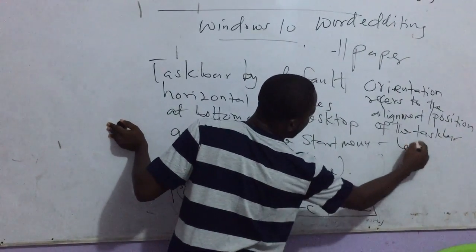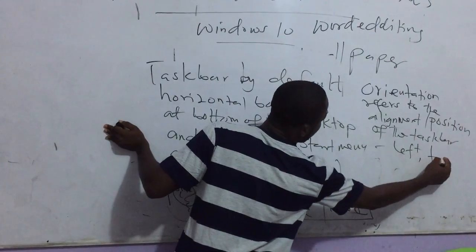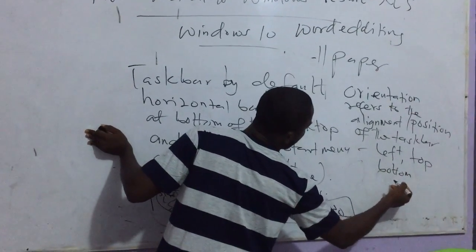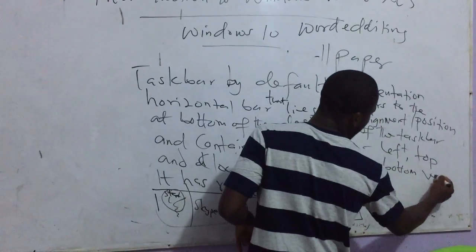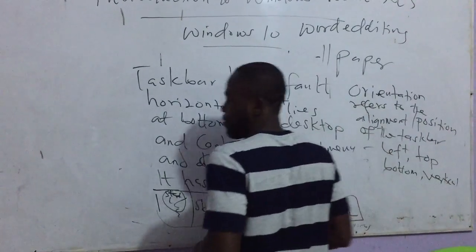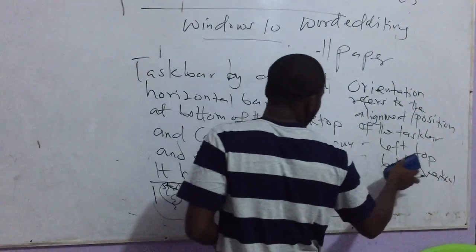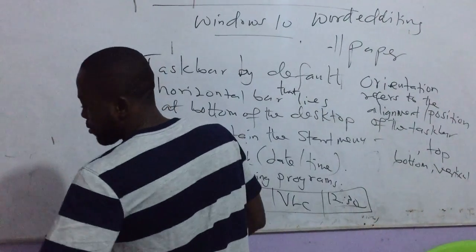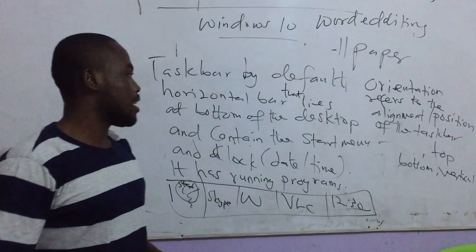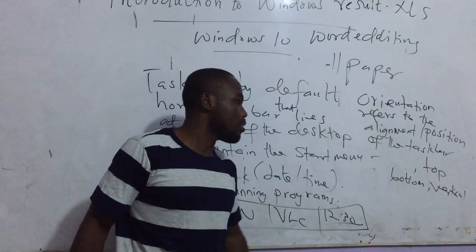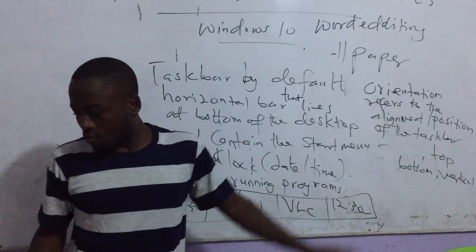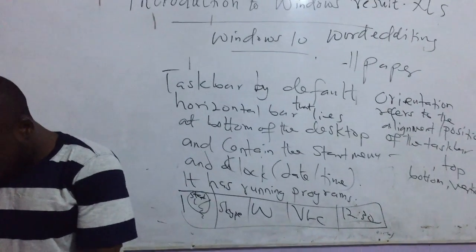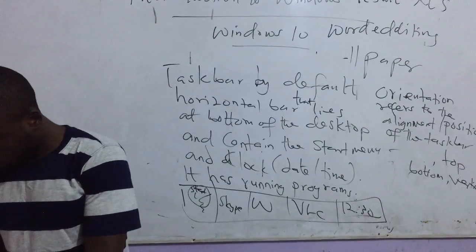So we can have left, top, bottom, and then vertical. We don't have the left, it is always at the right, which is known as the vertical or the right hand. So that is at the top or the bottom or the vertical. These are the default orientations of the taskbar. So these are some of the features of the taskbar and Windows that we didn't explain in the face-to-face lecture.